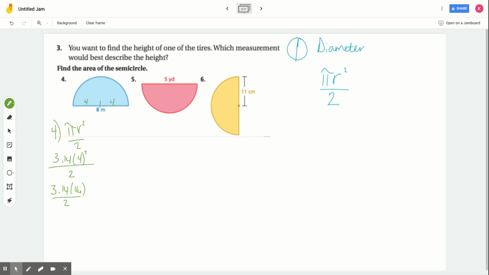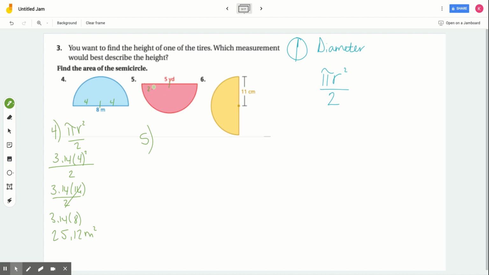And we can cancel 16 and 2 is 8. And we can multiply 3.14 by 8 to get 25.12 meters squared.